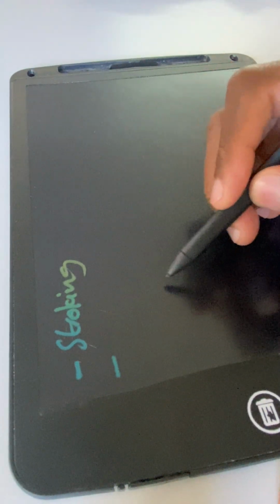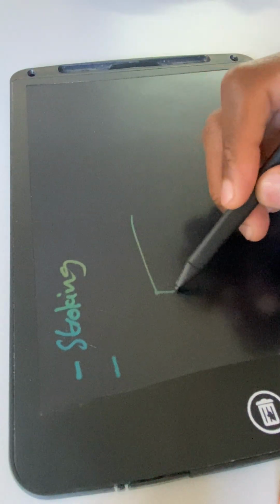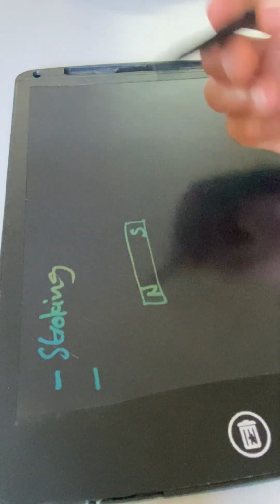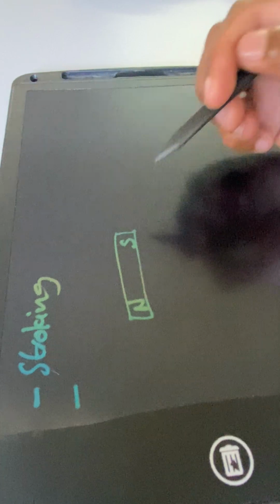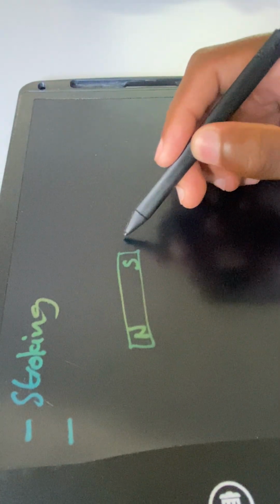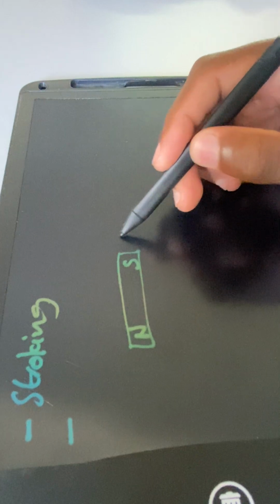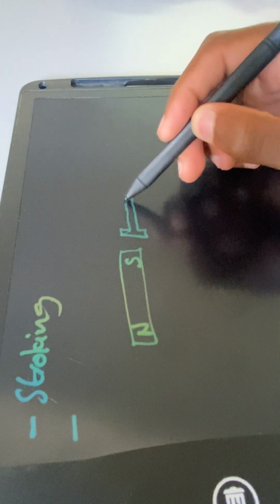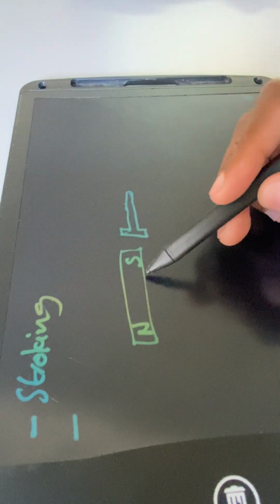I have a permanent magnet like this, north and south, right? And then I also have one magnetic material, let me just call it a nail. I'm just going to have the nail close to the magnet, isn't it?